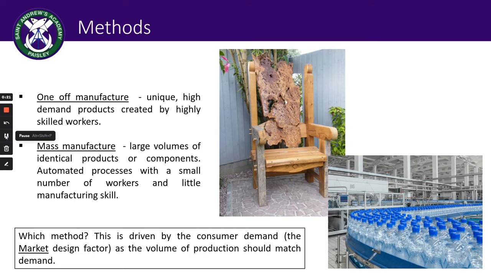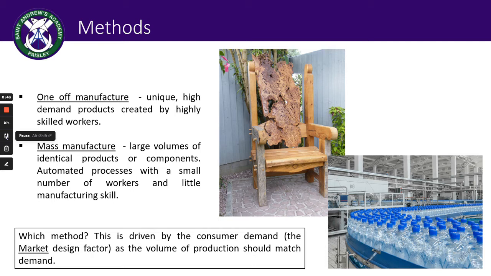So out in industry where products are manufactured for sale, there are two main types of manufacturing methods that you need to know about. There's one-off manufacturing, and this is for unique and bespoke products like the chair shown in the image, which are created by skilled workers and craftsmen.